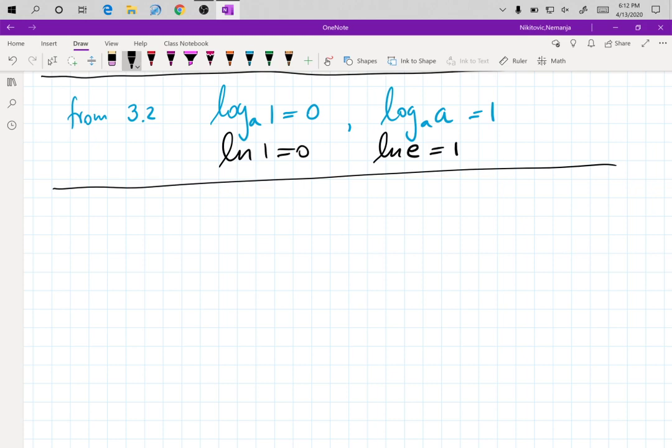All right. So let's say you want to compute log base 2 of, I don't know, 24, for instance. So what do we do here?